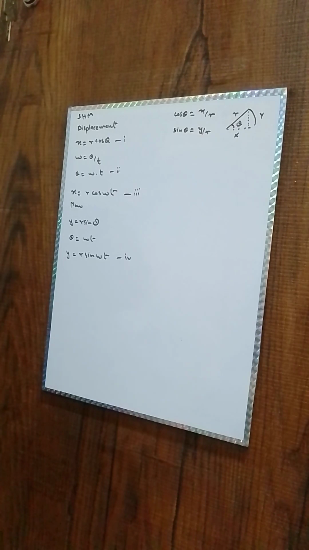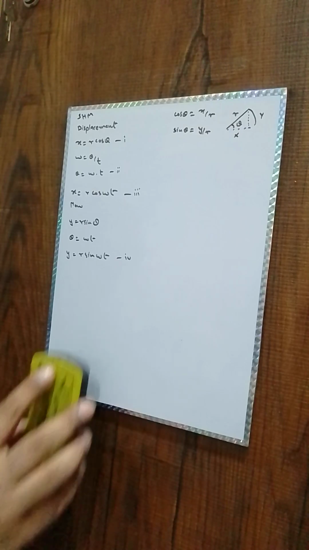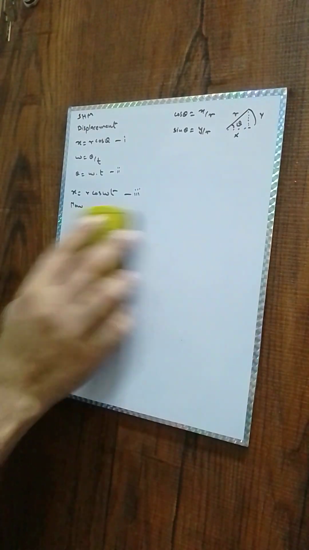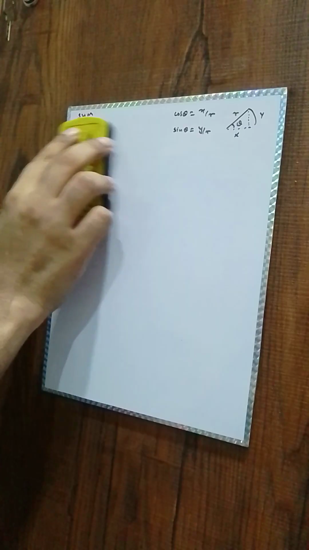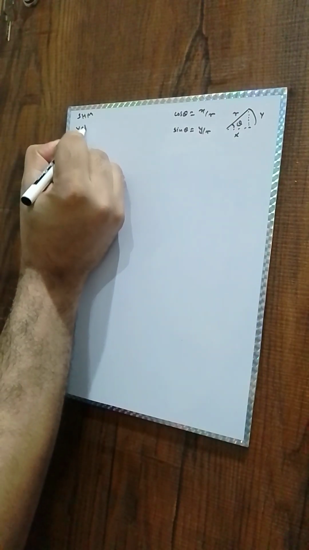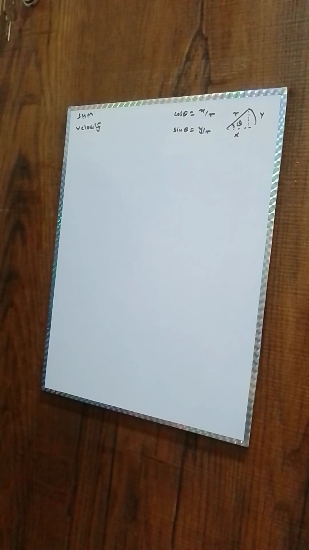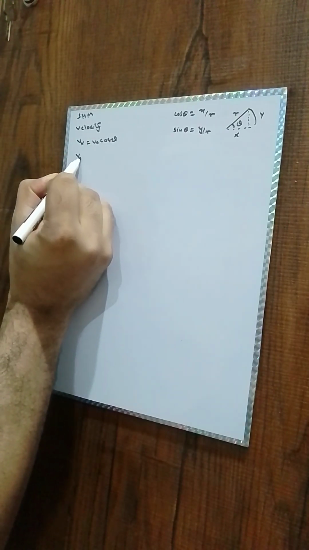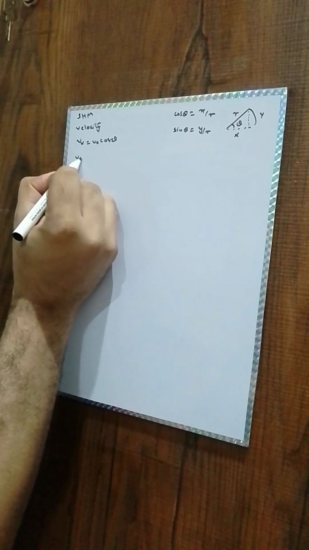And for velocity, you see, we need to keep in mind that the x component of velocity would be v naught cos theta, and the y component of velocity would be v naught sine theta.